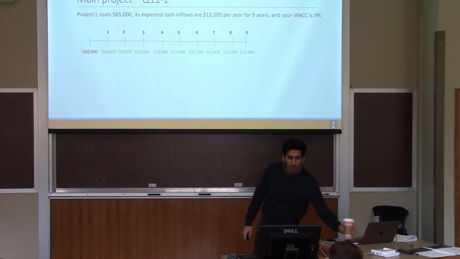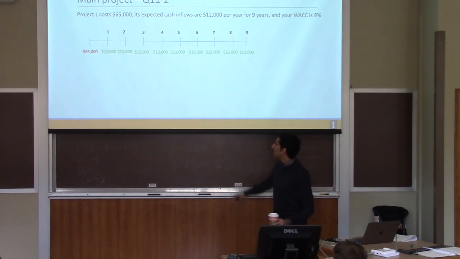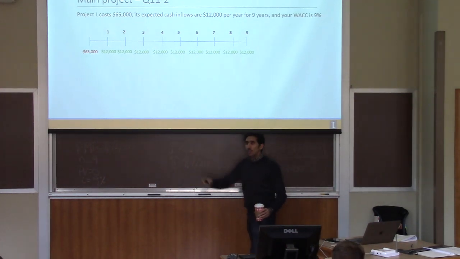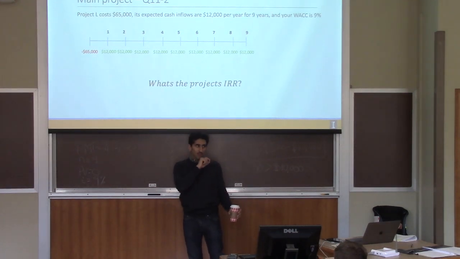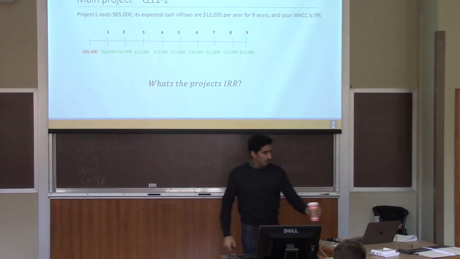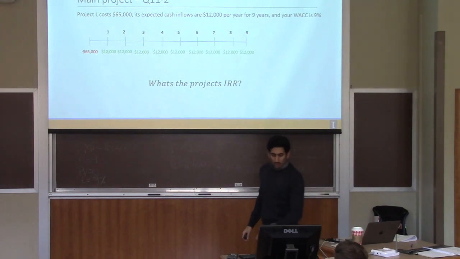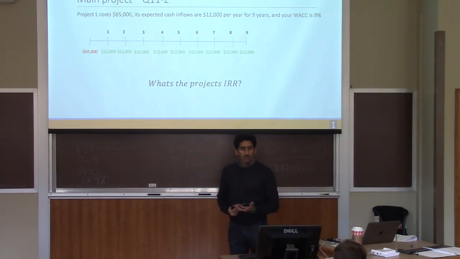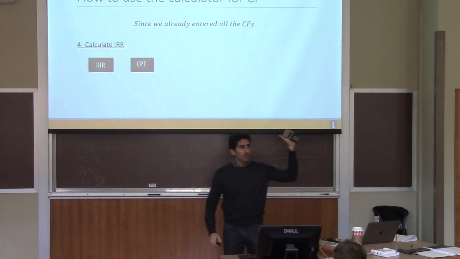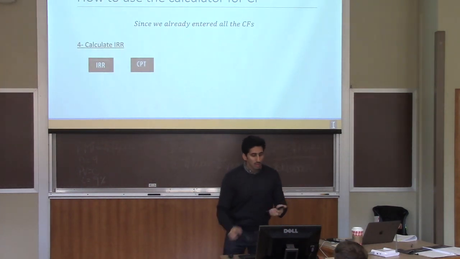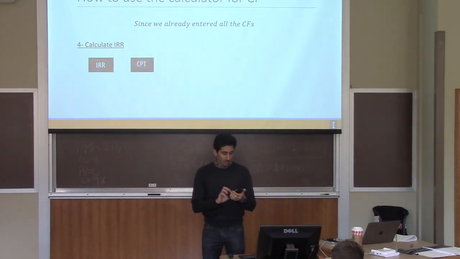So, question 11-2. Same project, but now it asks you to calculate what's the internal rate of return of the project. So, we'll also use our financial calculator for this. Since we've already entered all of our cash flows, it's really straightforward.